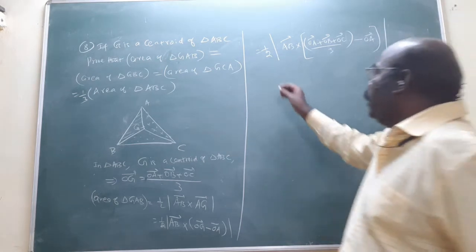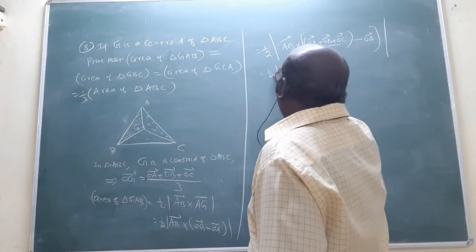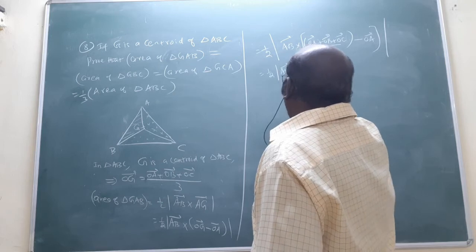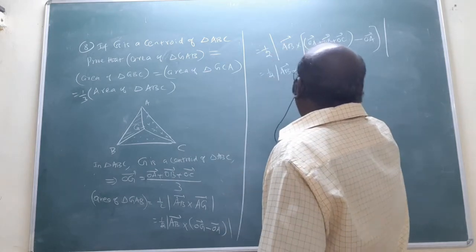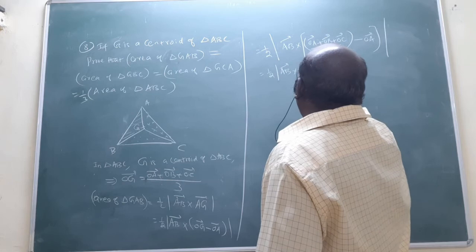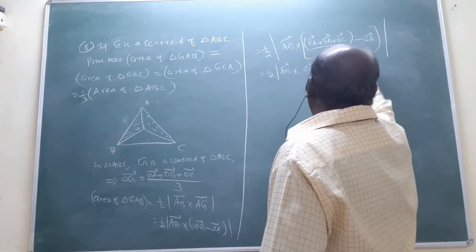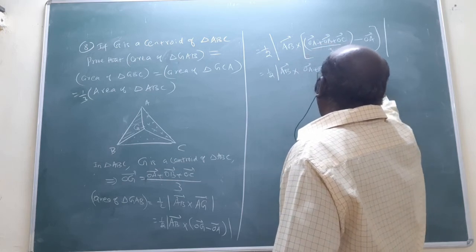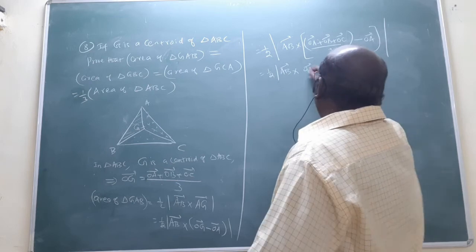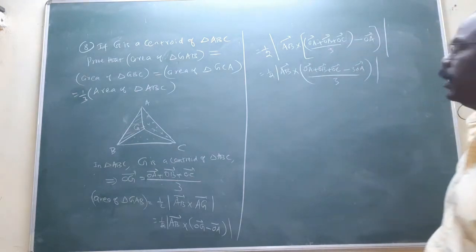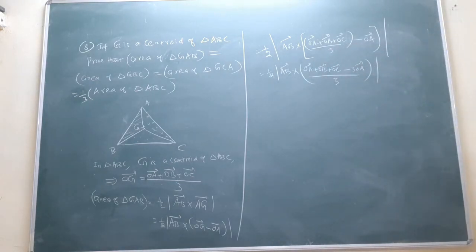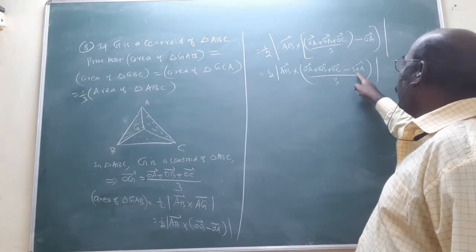Now again, 1 by 2 into this AB only, cross, 3 LCM: OA vector plus OB vector plus OC vector minus 3 OA vector, by 3, inside the modulus. Now simplify. Here OA vector is minus 3 OA vector.